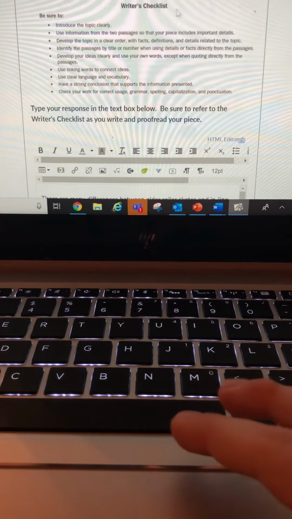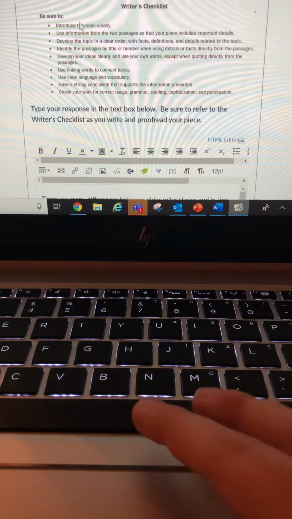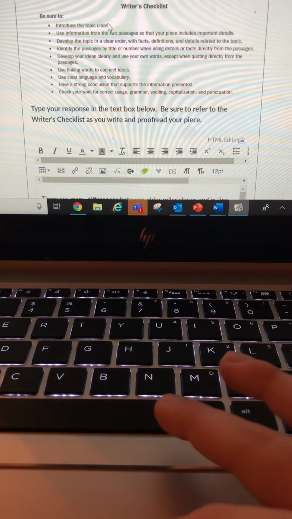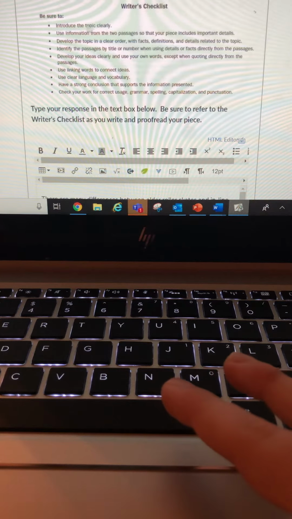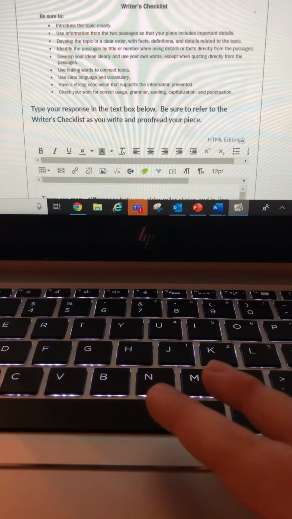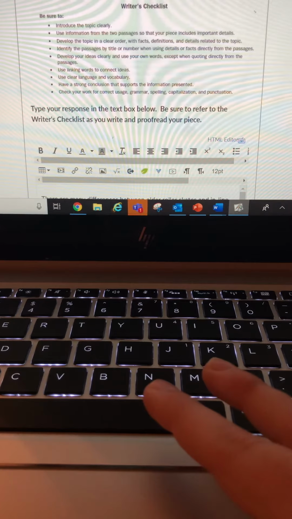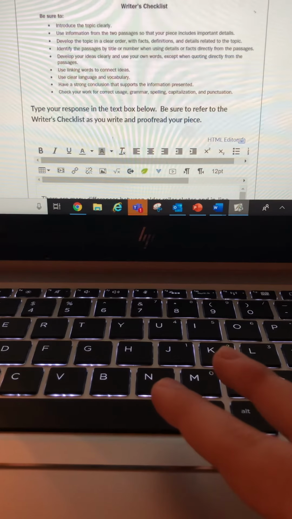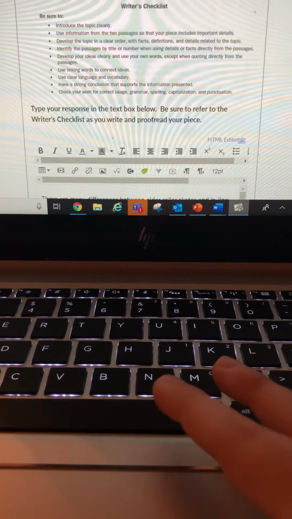So before I start writing, I'm going to read my writer's checklist, and it says introduce the topic clearly, and I remember this is a topic sentence, and I get this sentence from these words. So I would probably say something like, there are many different ways that roller skates and inline skates are different, period. So you're introducing your topic.